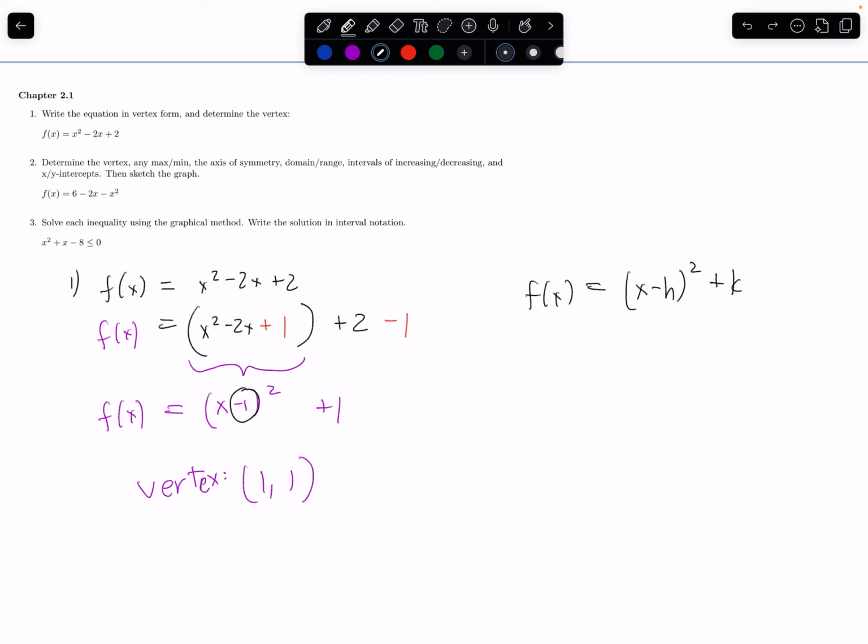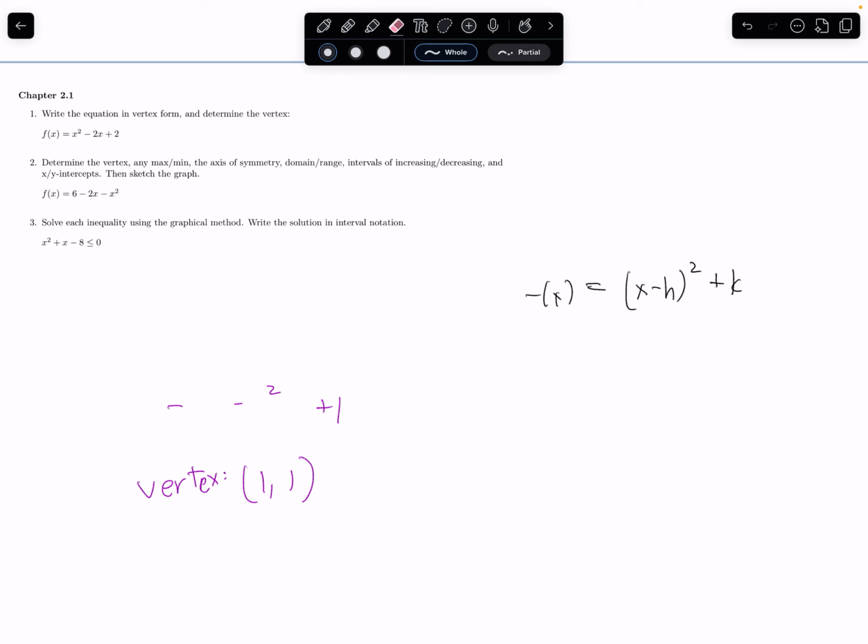So this is a minus 1, which means the x coordinate is a positive 1. This is a positive 1, so the y coordinate is a positive 1 as well. Okay, so that's question number 1 complete. Moving on now to question 2 then.